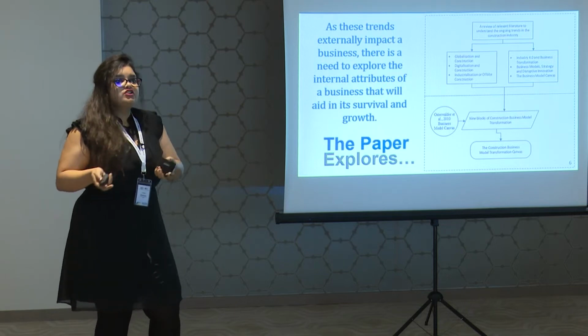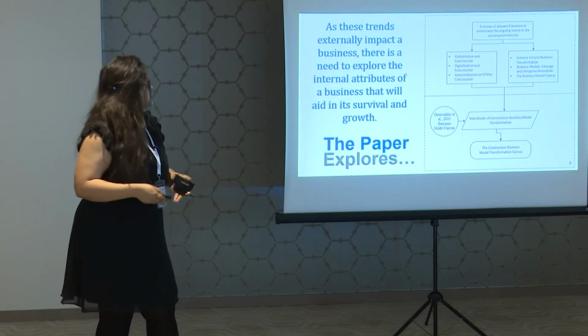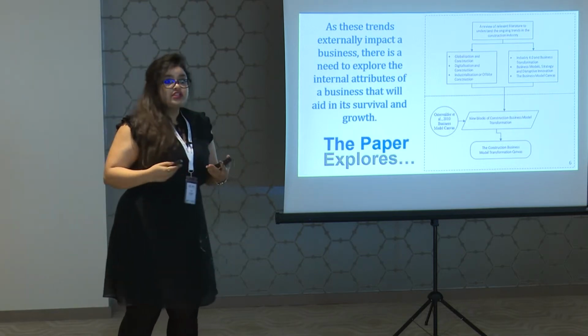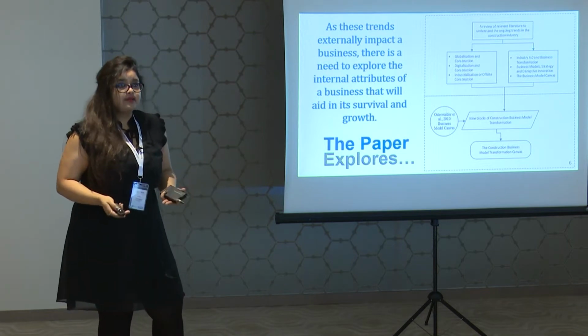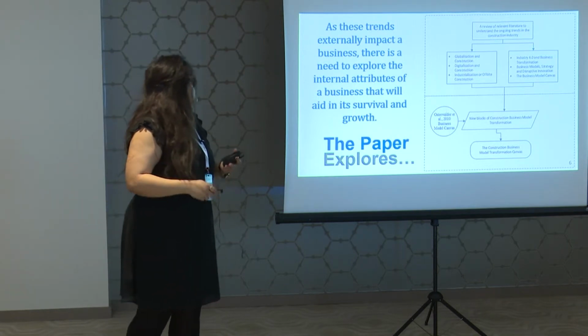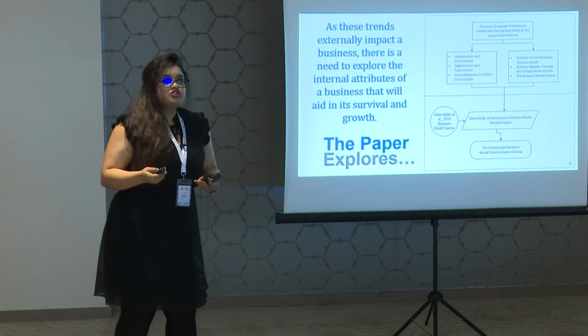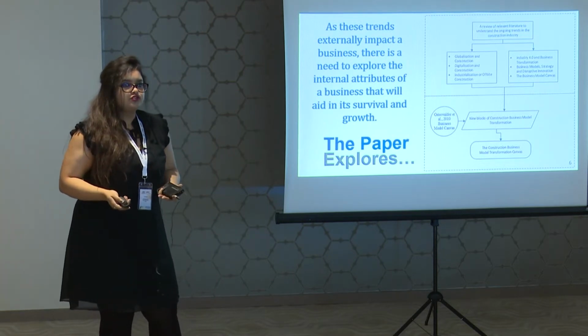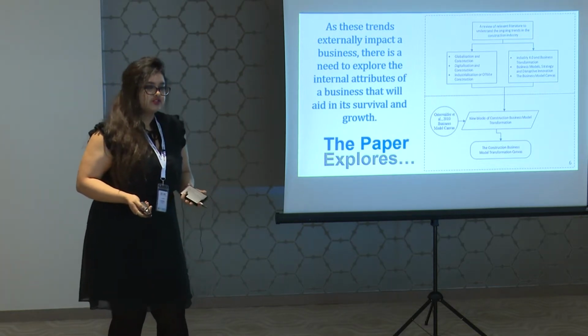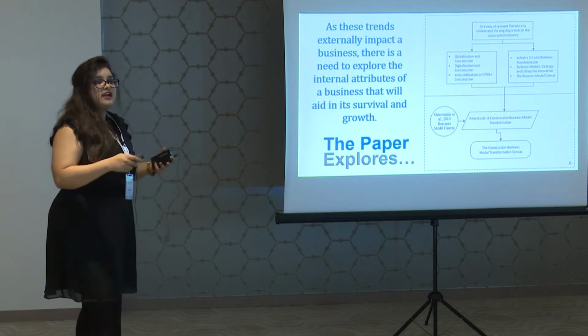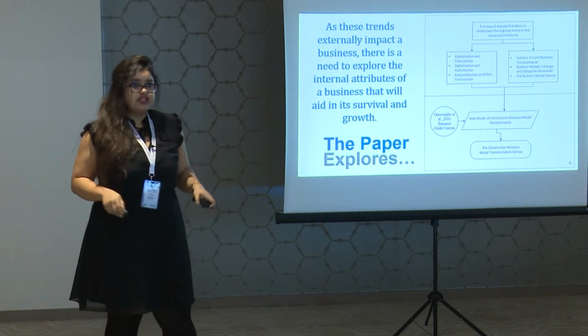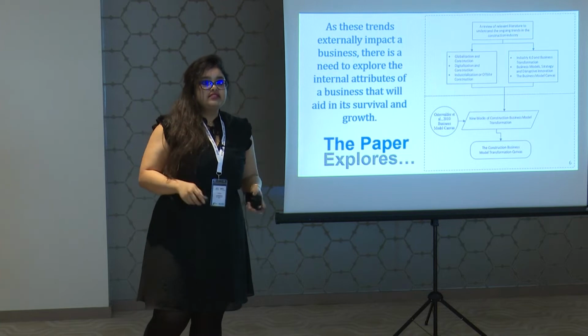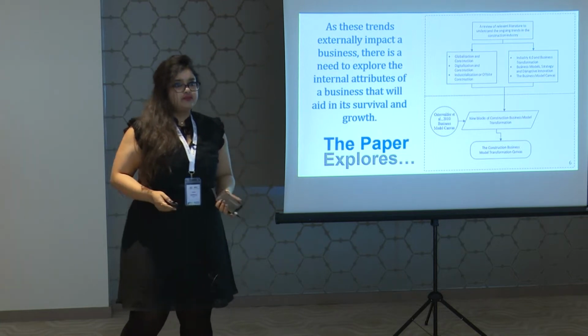And then it delves into the internal dynamics of the business in terms of business transformation, what has or hasn't happened in the construction industry, what the strategies should be, how the business model should transform, how the value propositions must transform, and finally represents this transformation in the form of a business model transformation canvas, right?